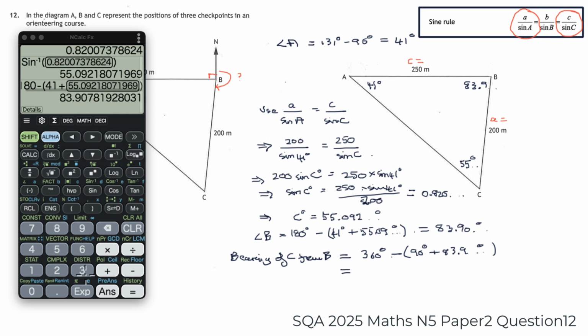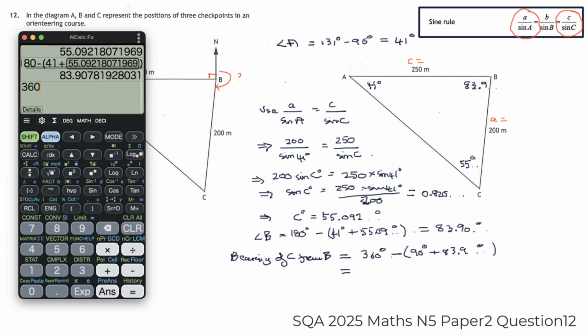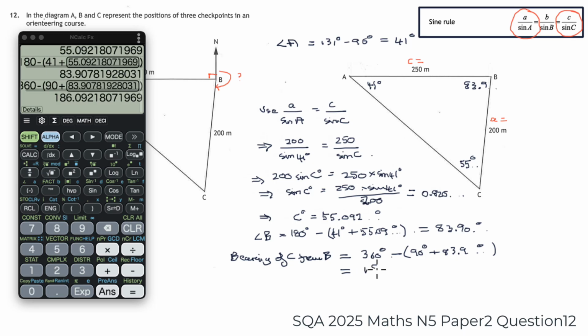So let's finally do that on the calculator. So there's 360, and I'll subtract the sum of 90 plus that previous answer, that 83.9 and so on, close my brackets, and equals. And there we'd have it, 186.09. Now, three-figure bearings to the nearest degree.